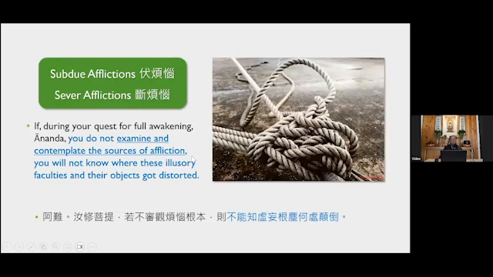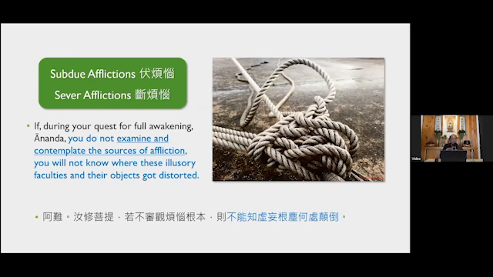So people talk about untying the knots because our minds get tied up again and again. So we have more affliction and more affliction. Now we want to get rid of affliction, so we have to untie the knot. And first of all, subdue afflictions. Don't let your affliction grab more knots.